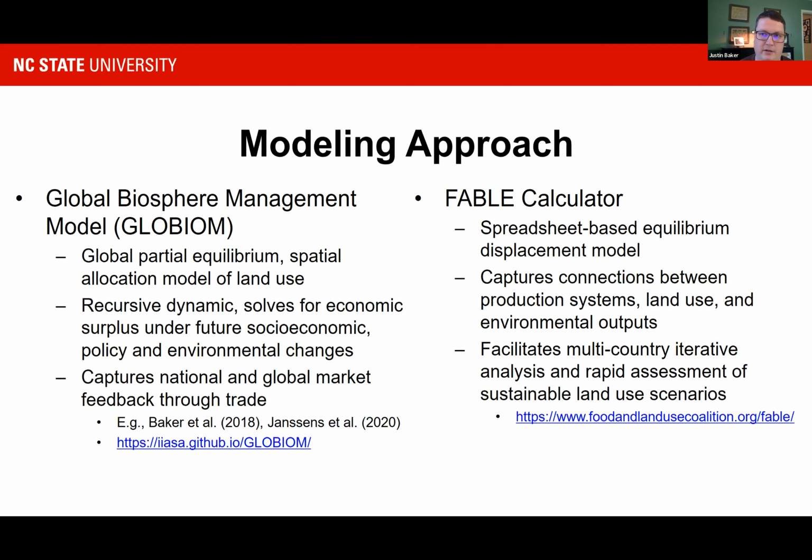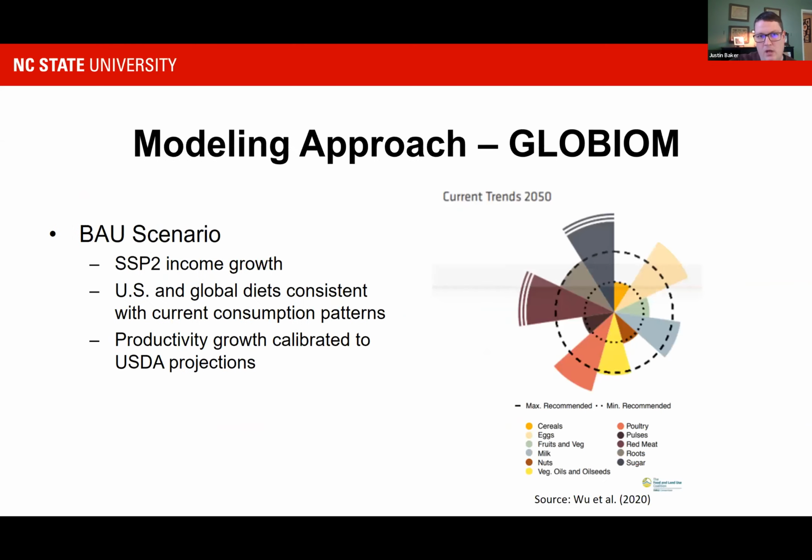Okay, so for the modeling approach, I'm going to present a business as usual scenario, which is based on income growth projections globally and regionally from the shared socioeconomic pathway SSP2. That's commonly thought of as a business as usual or middle of the road scenario. US and global diets are consistent with current consumption trends.